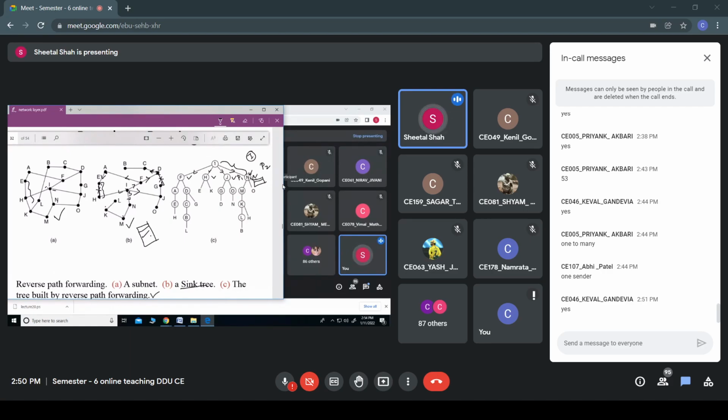If it is so, by looking at this table, it will come to know whether, if the destination is I, it uses this link to transmit the packet. If it is yes, it implies that it is a shortest path. So what it will do? It will forward that packet further to M as well as O. You can see that N is connected to M as well as O.